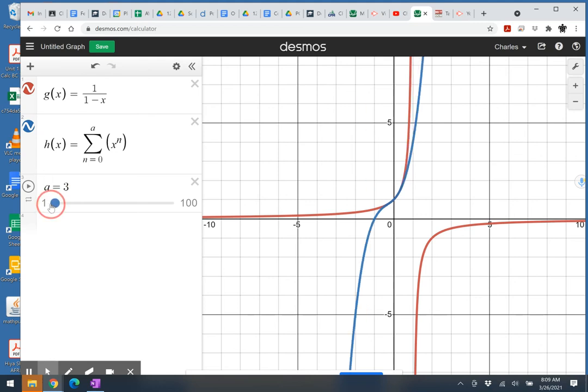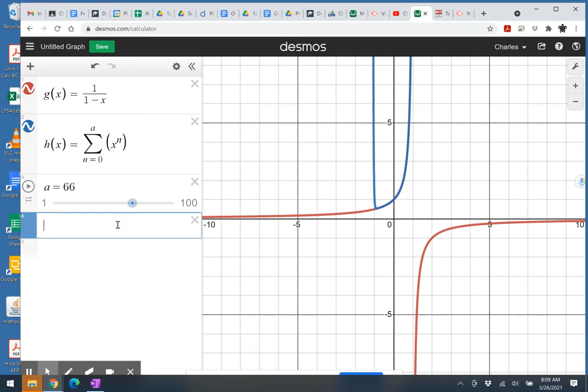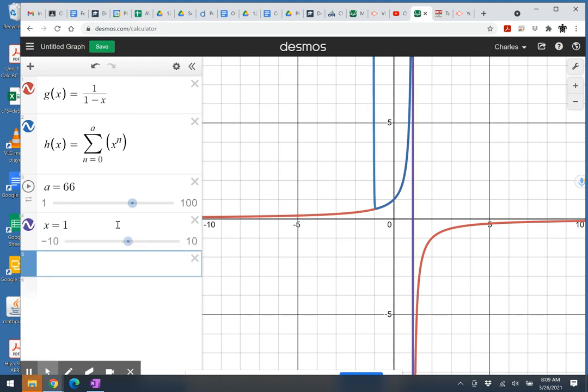But you're also kind of like, well, it gets better and better the higher I go up. The letter n represents the number of terms I include. But it's also not doing that well outside of a certain range. What is that certain range? x equals 1 and x equals negative 1.